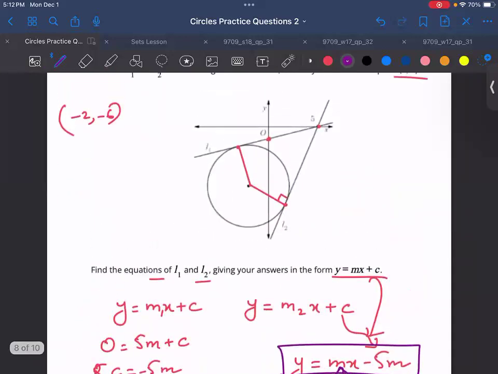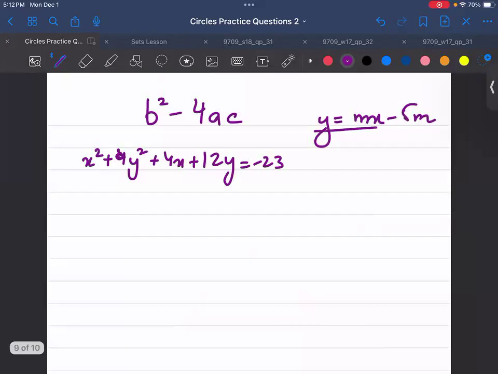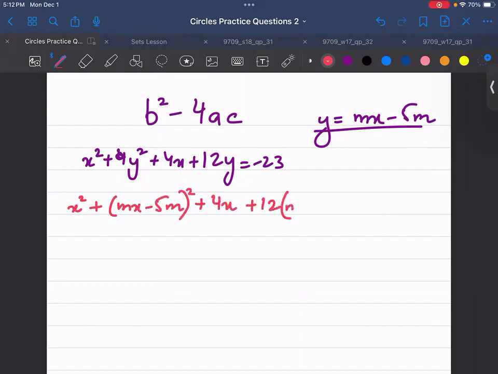Now, this circle and this line are intersecting. So in place of y, I can write x squared plus (mx minus 5m) squared plus 4x plus 12 times (mx minus 5m) equals minus 23. Basically, if I have the value of m, I can find the equation, right?